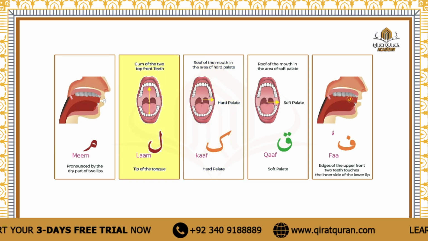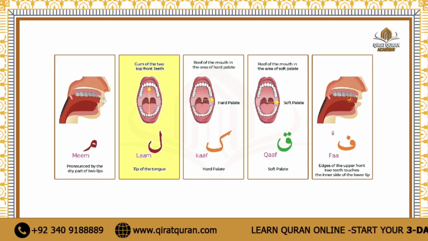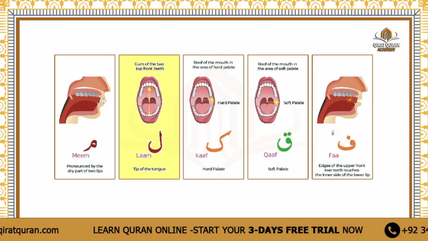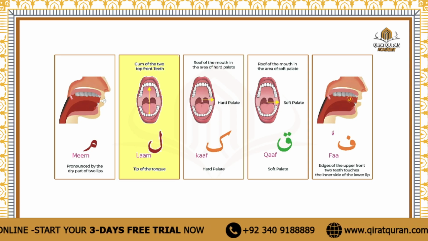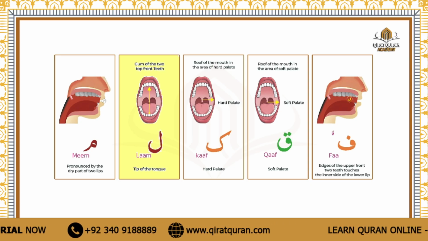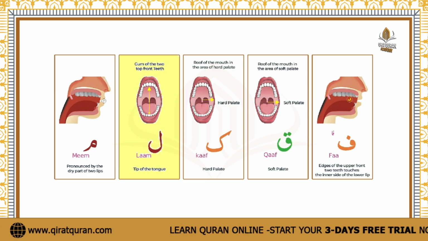And then lam, the origin of this letter is the tip of the tongue and the gum of the 2 top front teeth. The very last part of the tongue will connect to the gum of 2 top front teeth, and this is how you pronounce the letter lam.